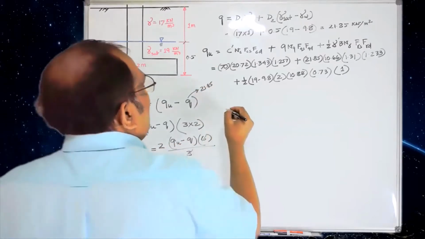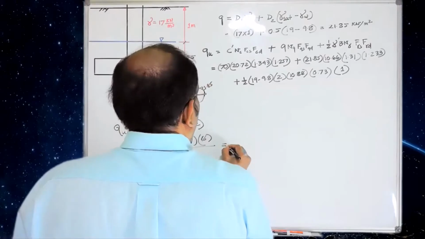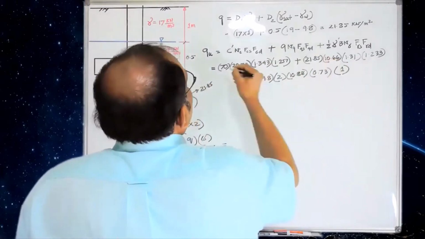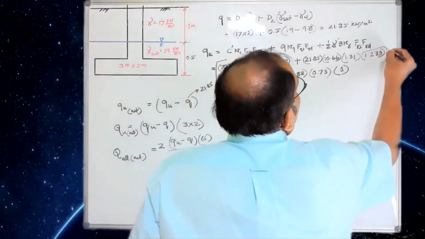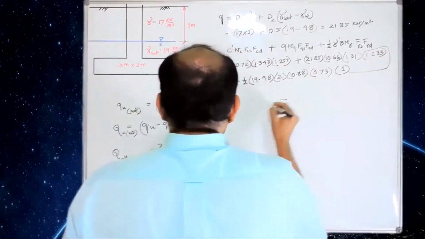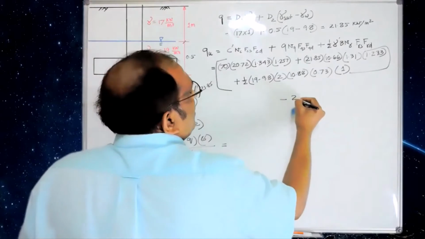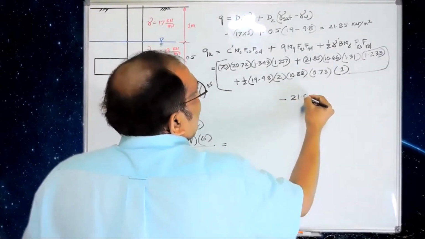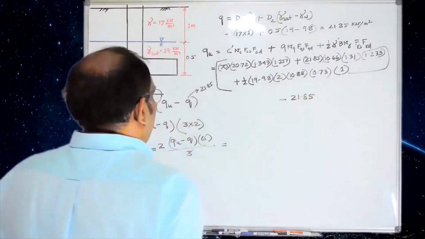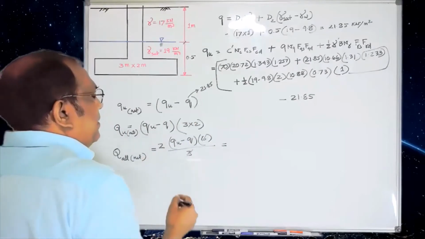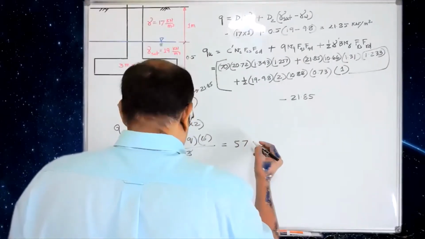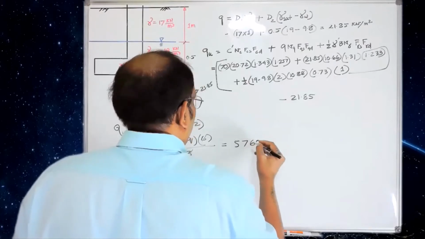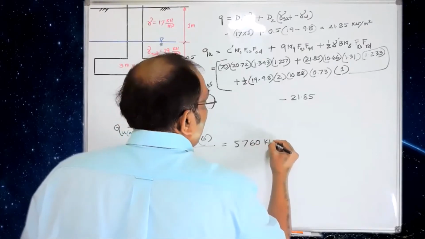If you try to find that out, that would be the whole thing here minus q 21.85, and then multiplied by 2, that would be actually 5760. That many kilonewton.